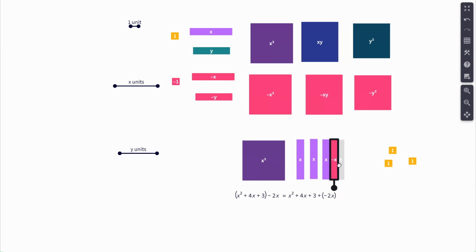And that 0 is just made up of a positive x and a negative x. They subtract out. So this is what we call a 0 pair. We're going to use those 0 pairs. Now those are zeros. We don't have to write zeros. And I end up again with x squared plus 2x plus 3, just like I did before.